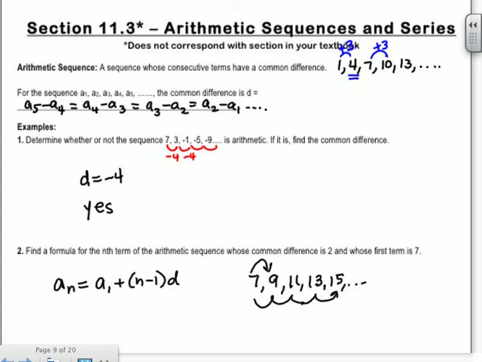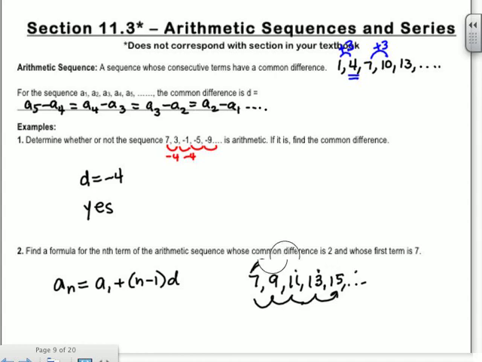If I'm trying to get to the third term and I start at the first, I add 2 swoops. To get to the fourth term, I add 3. To get to the 5th term, I add 4. 6th term, I add 5. You're always adding 1 less. So it's n minus 1. You're adding 1 less of the little swoop things.